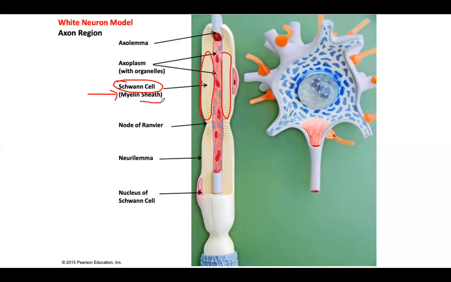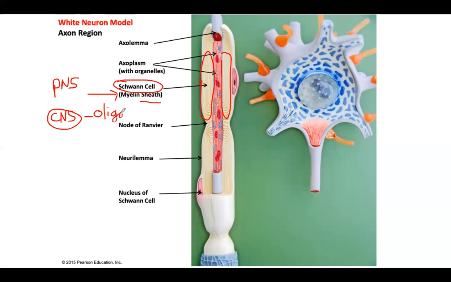Now, myelin is produced, if we're talking about the peripheral neural system, the PNS, by the Schwann cell. If it's in the central neural system, which is the brain and the spinal cord, then there's a different cell that myelinates. I'm going to put oligo.